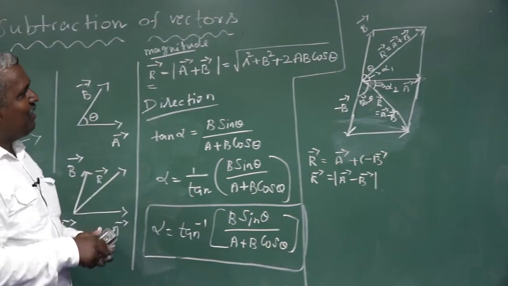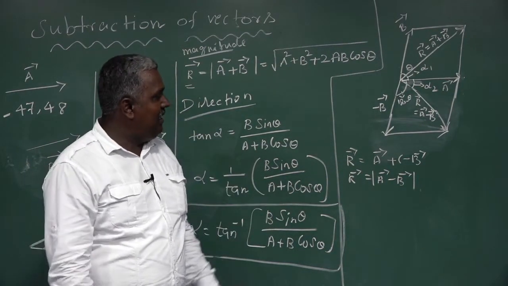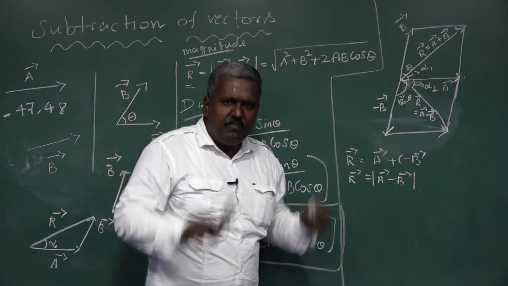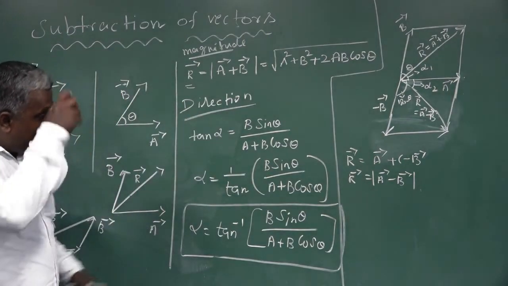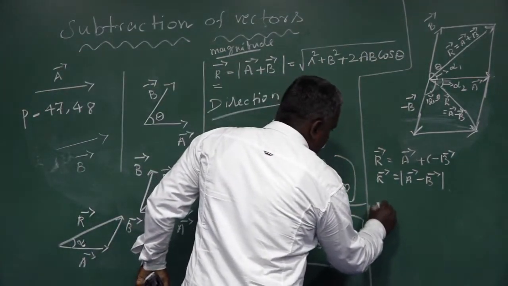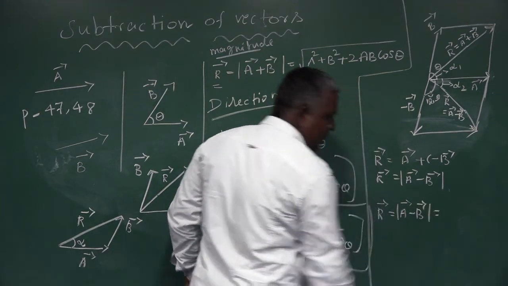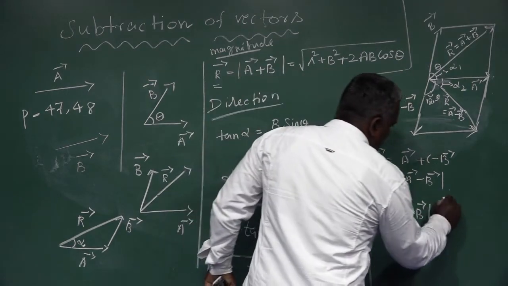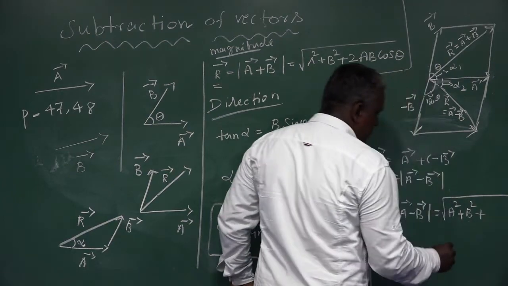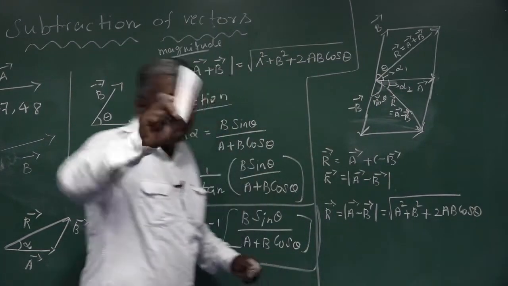Now you can write very simply the formula for this resultant vector and the direction also with the help of addition of vectors. R vector is equal to the modulus of A vector minus B vector, which is equal to root of A square plus B square plus 2AB cos theta for addition of vectors.